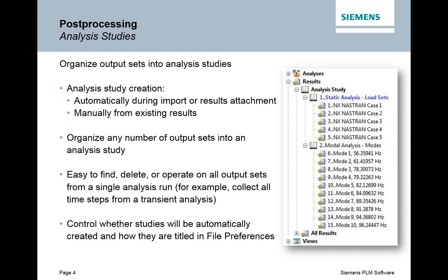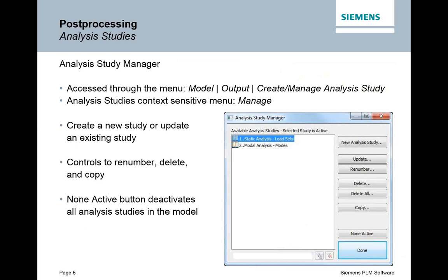There are a lot of different ways that you can get those created, and there's some usefulness once you do have them organized. Once you have them organized by analysis study, there's some more utility built in there that I'll get into as well. Now here's the analysis study manager. It's the tool to manage the analysis studies, and this is accessible either through the menu system or the analysis studies context-sensitive right mouse button click menu when you're hovering over the output sets.